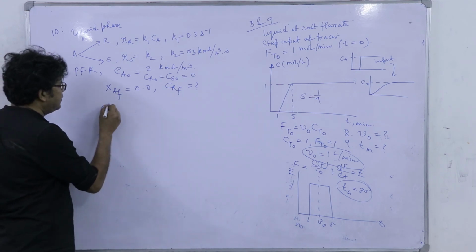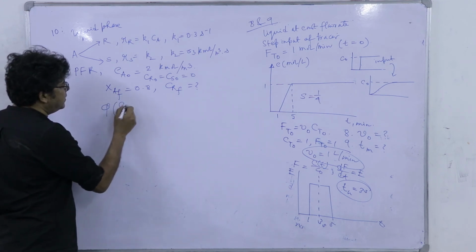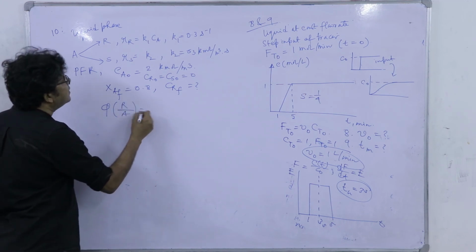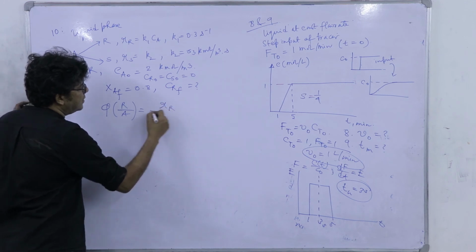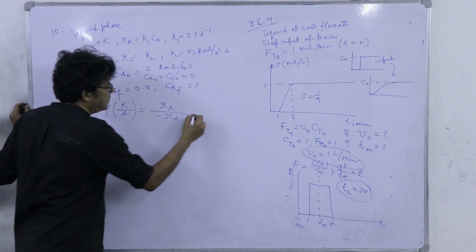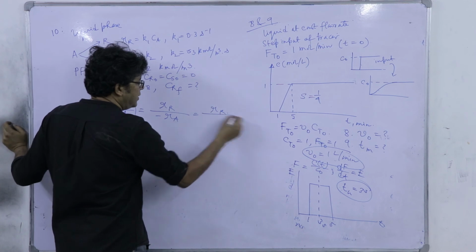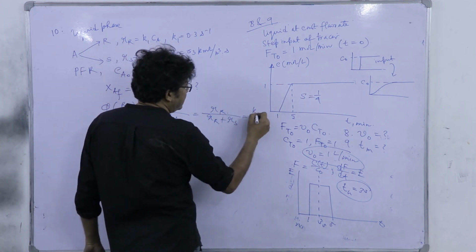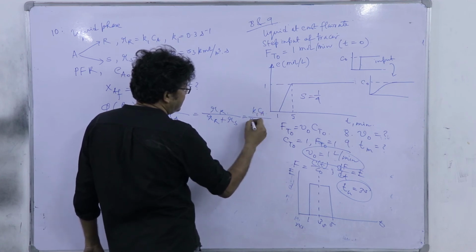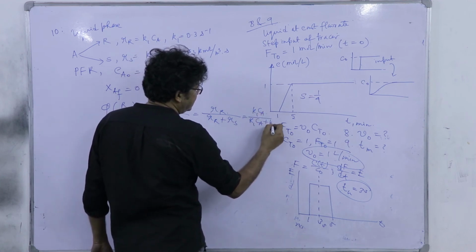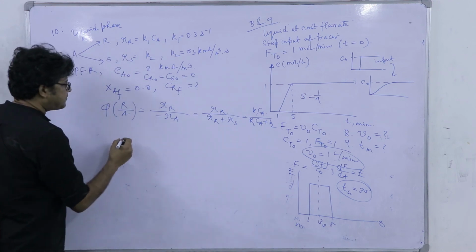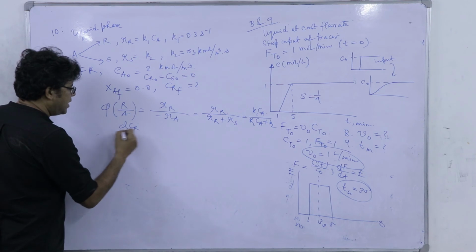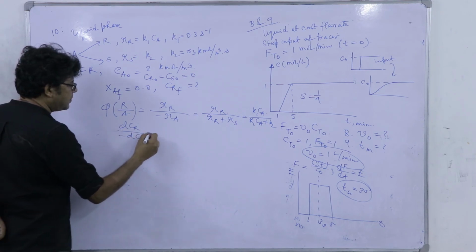So, phi R by A is RR by minus RA, which is RR divided by RR plus RS, K1 CA plus K2. And this is equal to dCr by minus dCA.